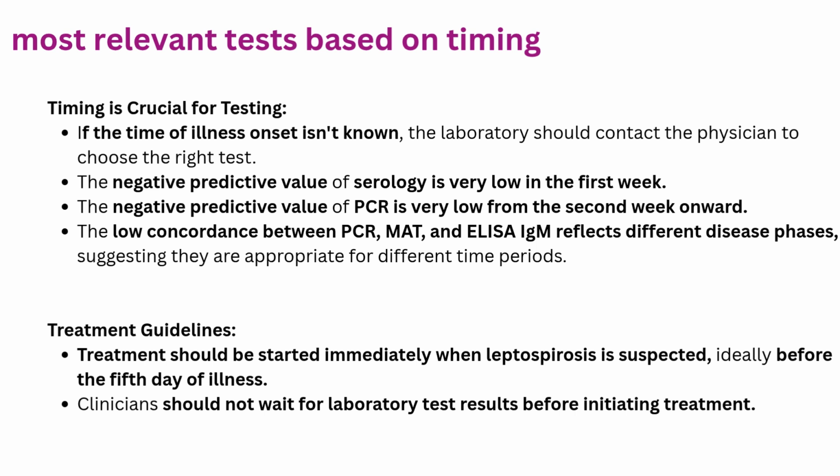From the second week onward, PCR tests also become less reliable. There's a low concordance between PCR, MAT, and ELISA IgM tests as they represent different disease phases. So first molecular, then in the second week you utilize serologic tests.